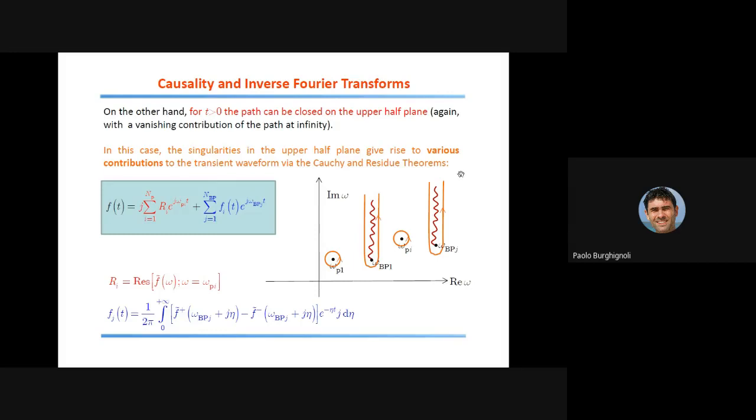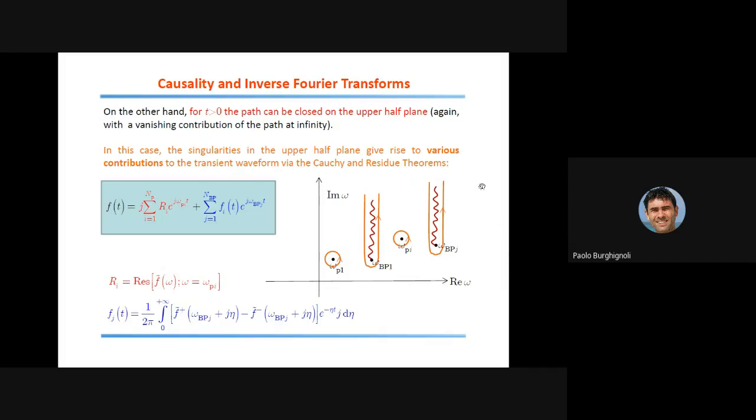And in this case, we will find singularities in the upper half plane, for example, poles, omega p1, omega p2, and so on, and also in general branch points, so omega branch point 1, omega branch point 2, and so on. If you close your integration path at infinity using a semicircular contour in the upper half plane, and you let the radius tend to infinity, then the contribution of such semicircle will go to 0.